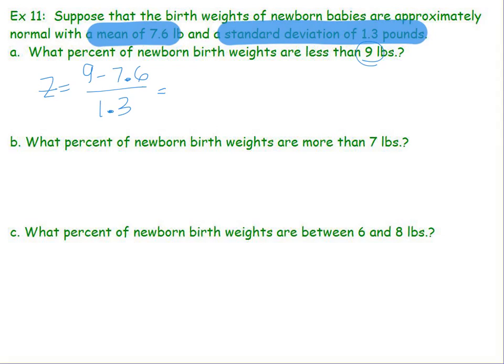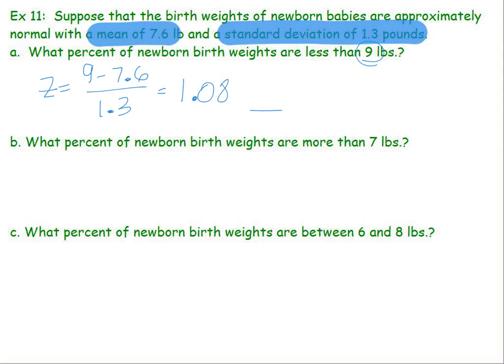Make sure z-scores, if we were just looking at our blue sheet, only have 2 digits after the decimal. We always round, and we round appropriately. Remember, 5 and up, you round up; 4 and down, it stays the same. So rounded appropriately, I get 1.08.